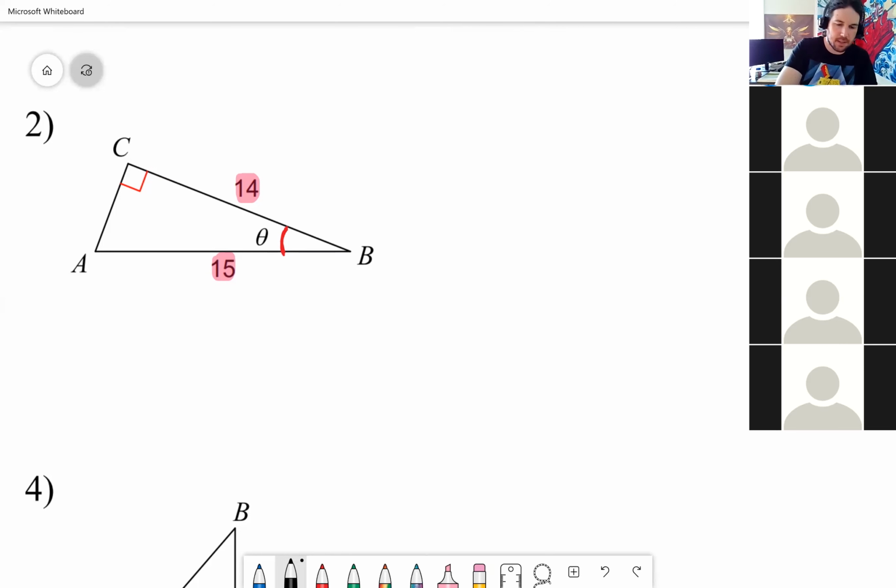Well, this 15 is the hypotenuse. You should always be able to recognize the hypotenuse as being across from the 90-degree angle. And then this apparently longer leg is the leg that is attached to theta, right? It's part of the angle. So that is the adjacent leg.